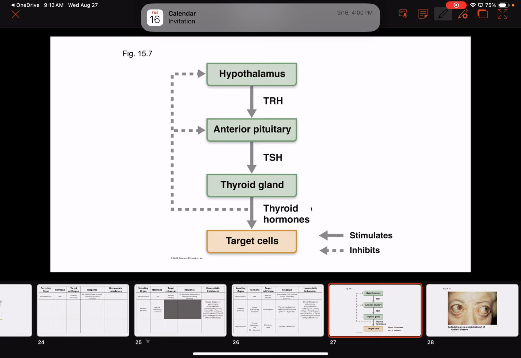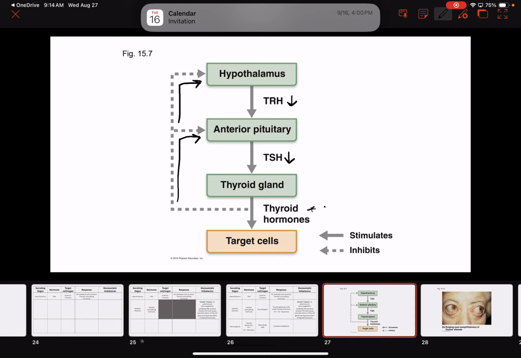If we have enough thyroid hormone or we're getting close to the higher end of that range, there's going to be a negative feedback loop telling both the anterior pituitary and the hypothalamus to slow down production. So that should slow down TRH production, it should slow down TSH production, and then it should slow down thyroid hormone production so that we get it back into our normal range. Does that make sense to everyone? Okay. And remember, the action is to increase cell metabolism.